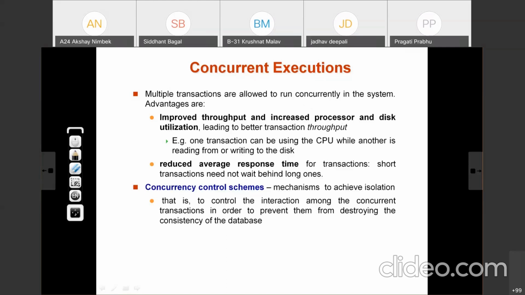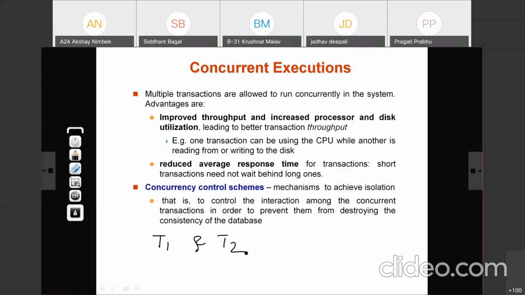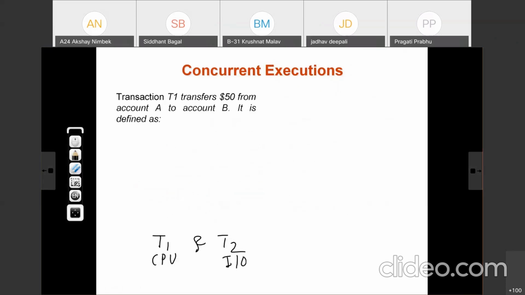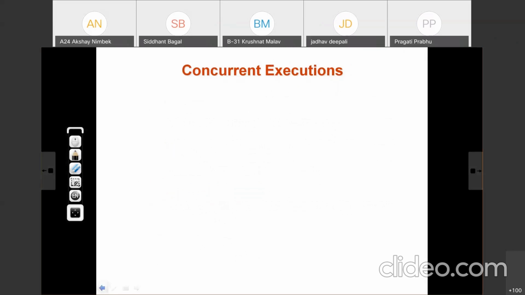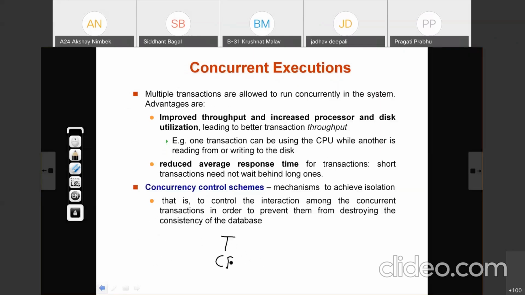Means what? Suppose there are two transactions executing, transaction T1 and transaction T2. Now if we execute this concurrently, it may be possible that transaction T1 is using the CPU while transaction T2 is performing an IO operation.